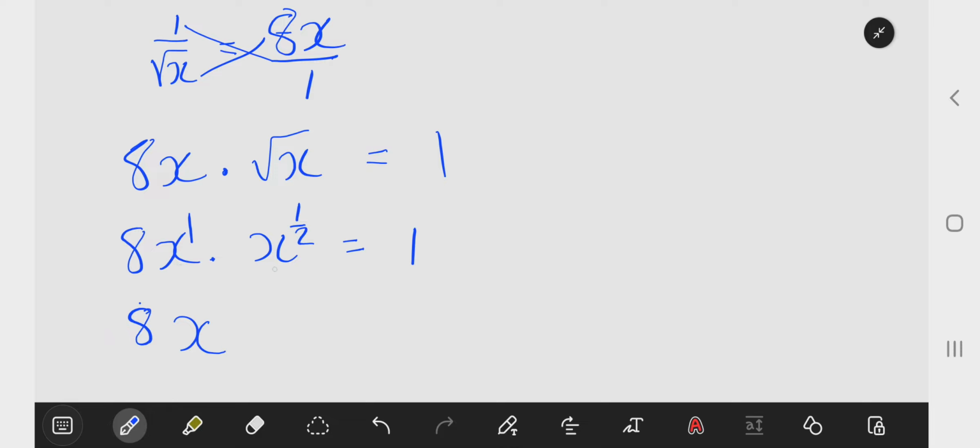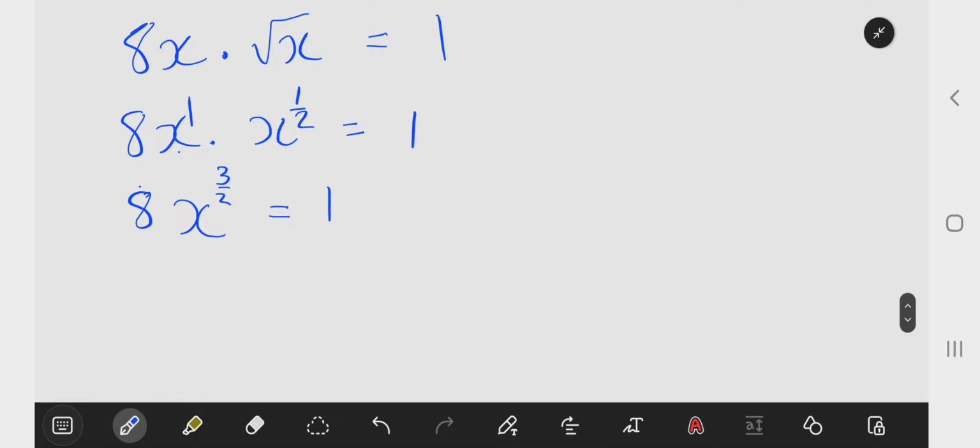right? And as multiply ama base afanayo, so add lama exponents, right? So 1 plus 1 over 2 kuyophuma u3 over 2 equals to 1, okay? And let's divide both sides by 8, right?